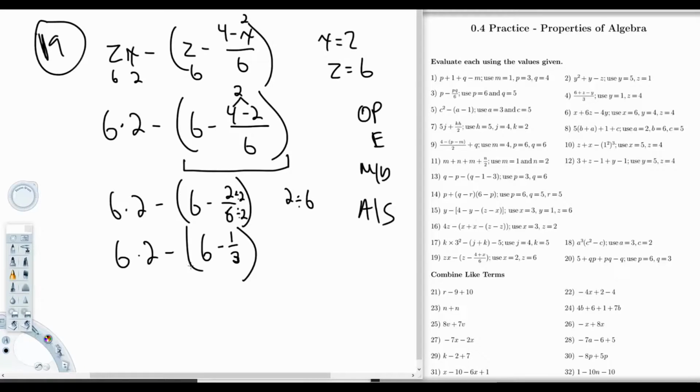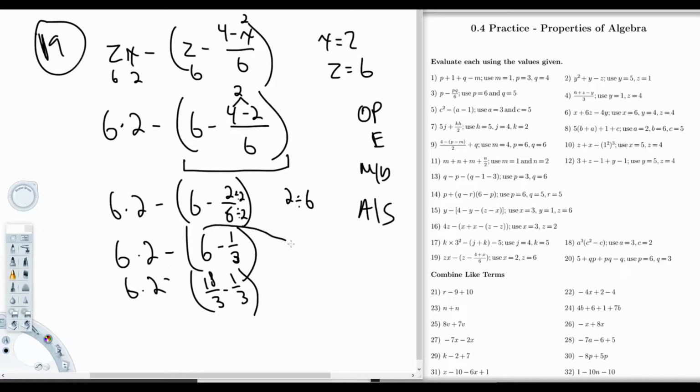All right, we still have to solve for this. So 6 minus 1/3. If we were to divide 6 by 1/3, really what we'd be doing is multiplying it by 3, right? So it's going to be 18 over 3 minus 1 over 3.